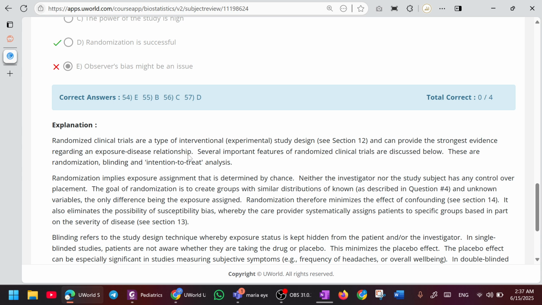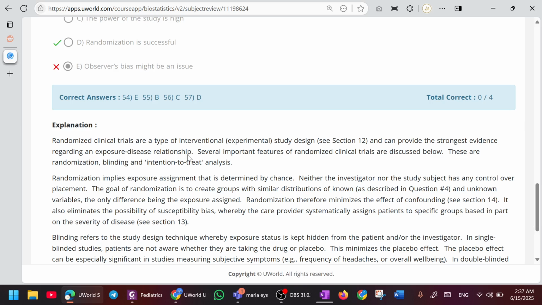Randomized clinical trials are a type of interventional experimental study design and can provide the strongest evidence regarding an exposure-disease relationship. Several important features of RCTs are discussed below: randomization, blinding, and intention to treat analysis.